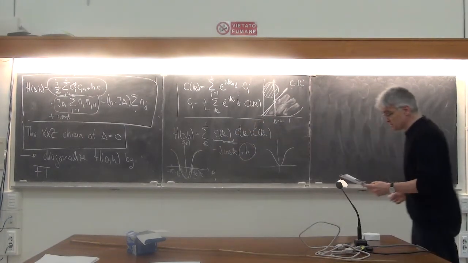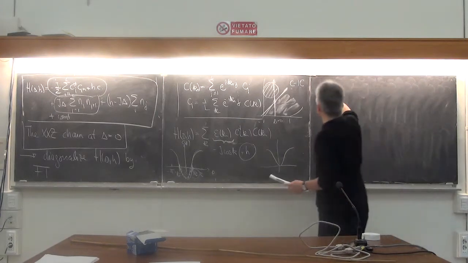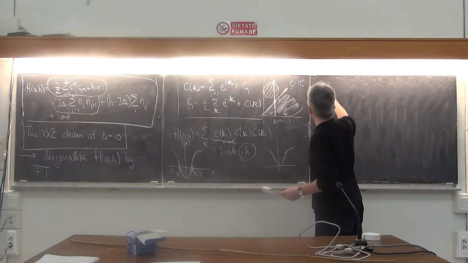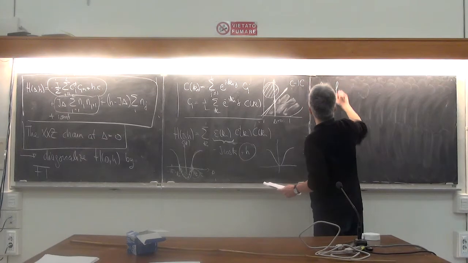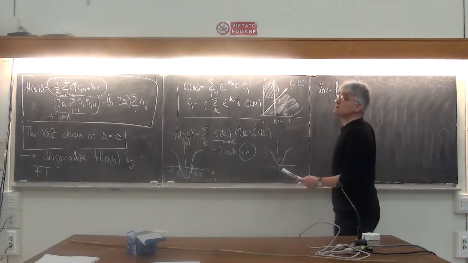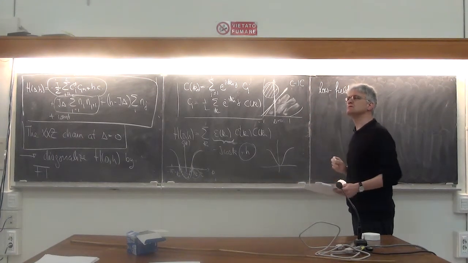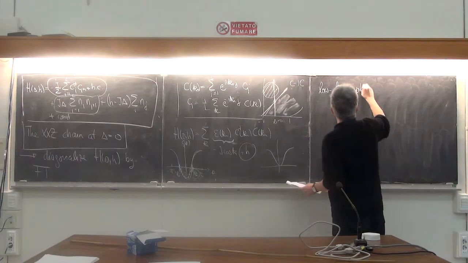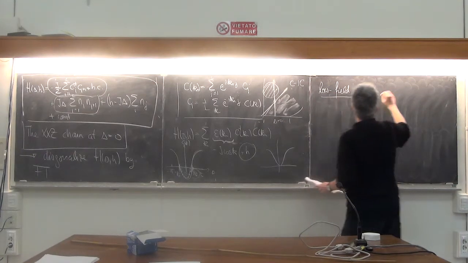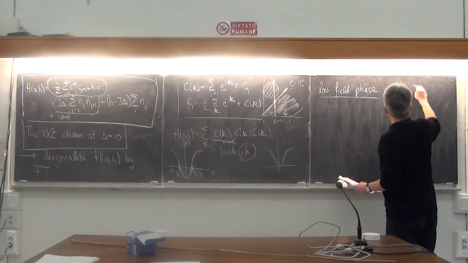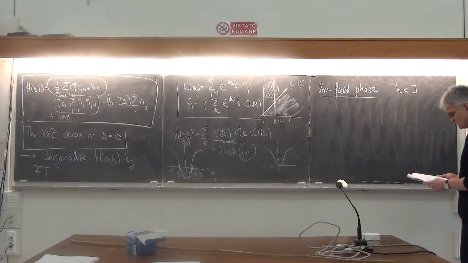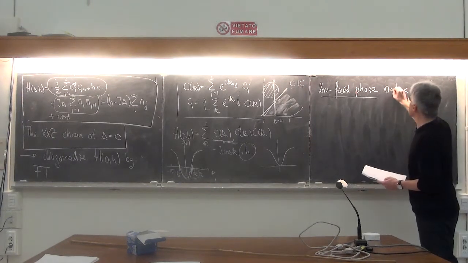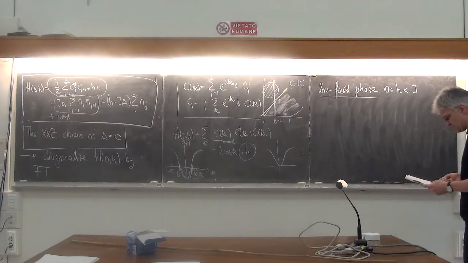So we come back to the low field phase. So this would be h less than J, and I take it positive without loss of generality.